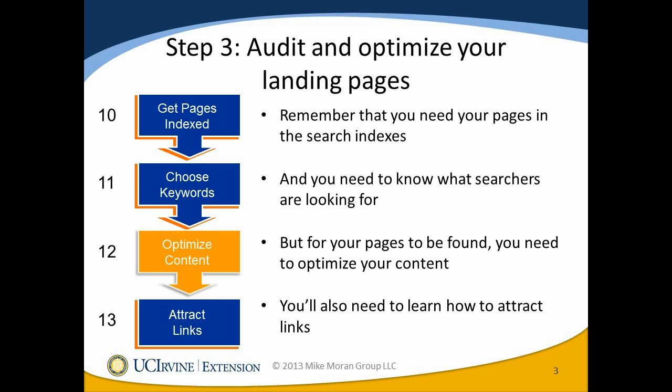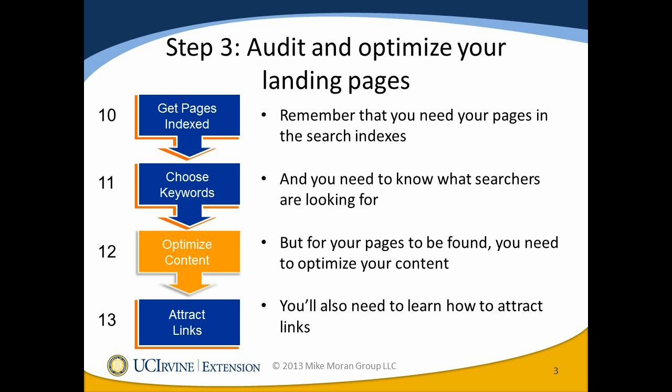Now, when we look at how optimizing your content fits into the rest of what you do for organic search, you can see that the information for how to get pages indexed we covered in Chapter 10.